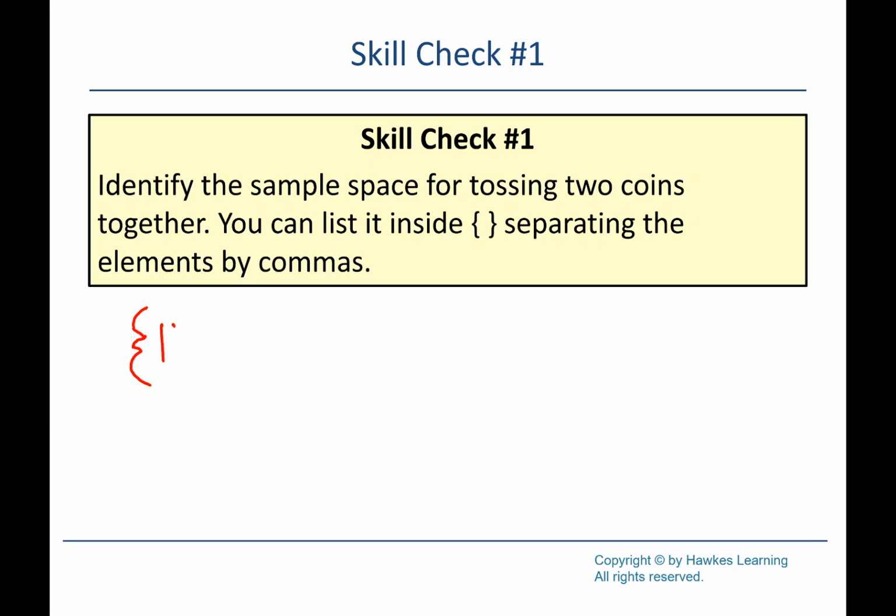So maybe we could get heads on both coins, or heads on the first one, tails on the second one, or tails on the first, heads on the second, or we could get tails on both coins. That would be all of our possibilities.